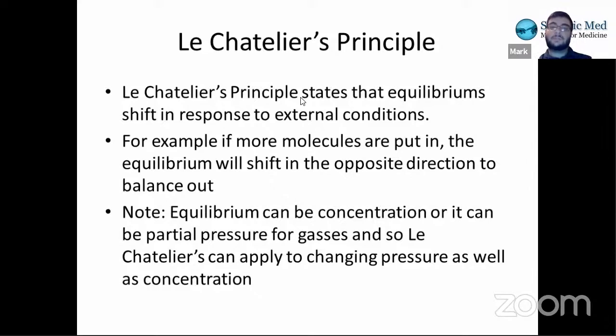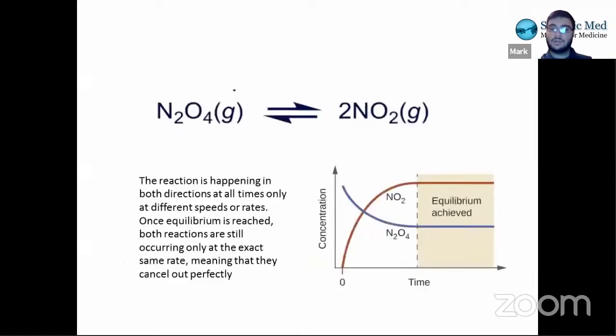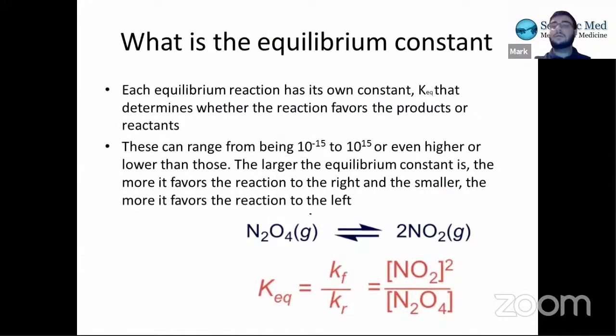One way that you can disrupt the balance is if you put more of something in, right? For example, like I mentioned earlier, this is like a graph like this, but if you put in more NO2, or more of the product or more of the reactant, the equilibrium will shift to try and compensate that, right?